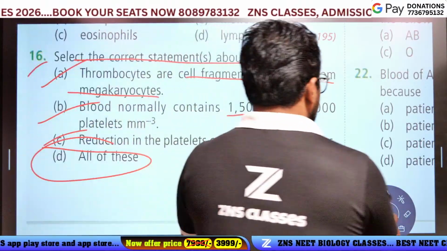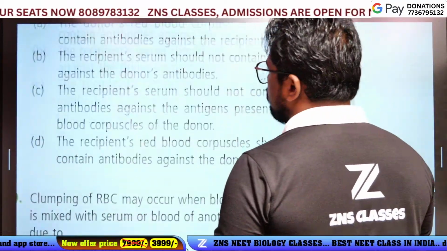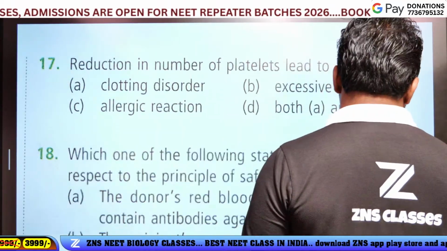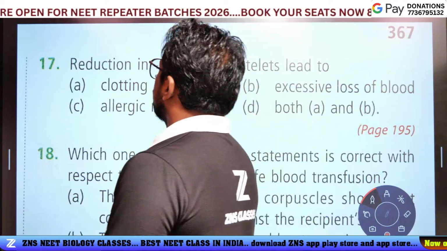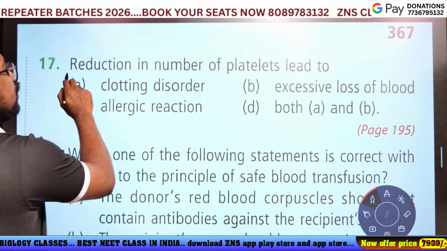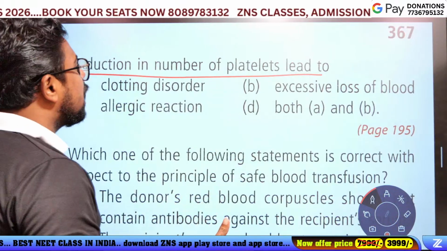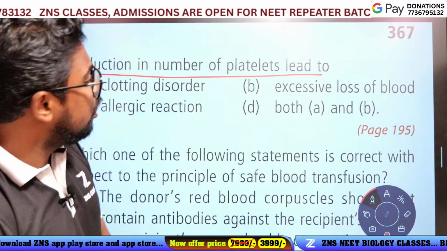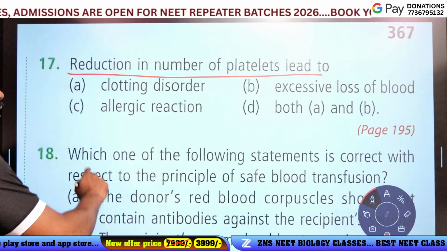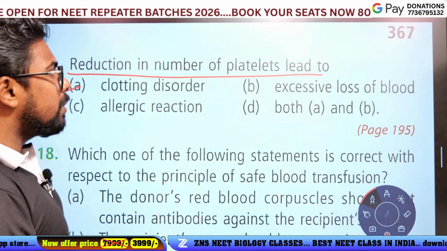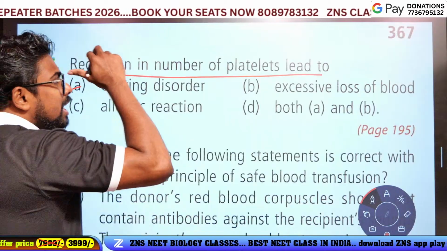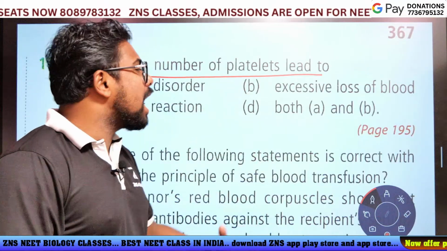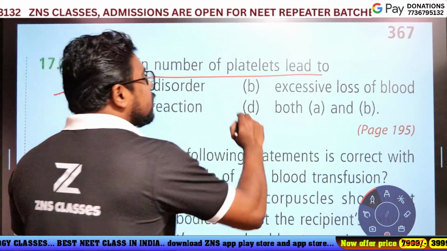Good question. Next, question number 17. The reduction in the number of platelets leads to which disorder? Clotting disorder and excessive loss of blood.